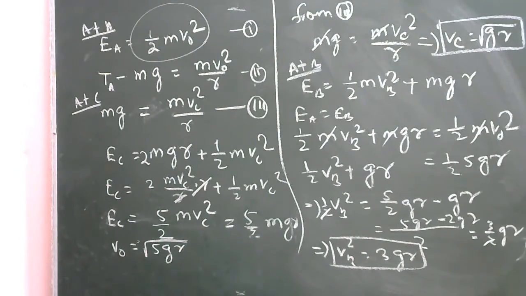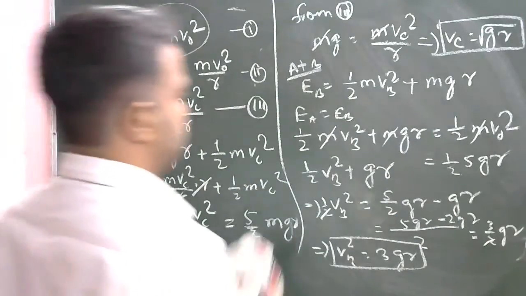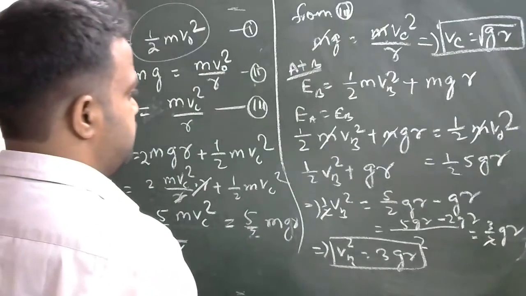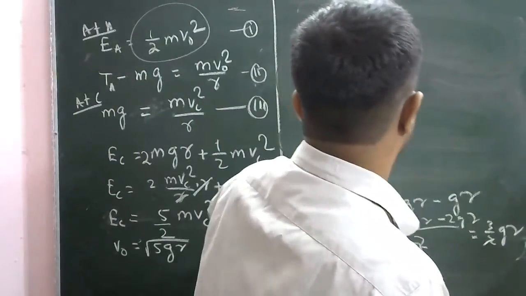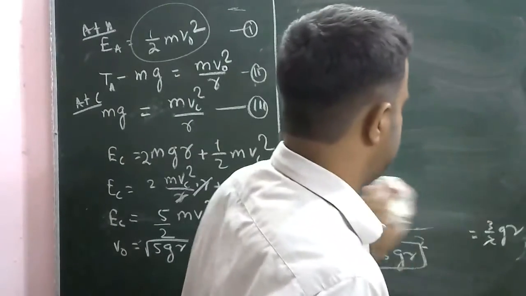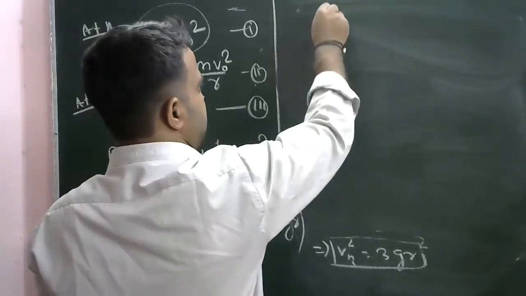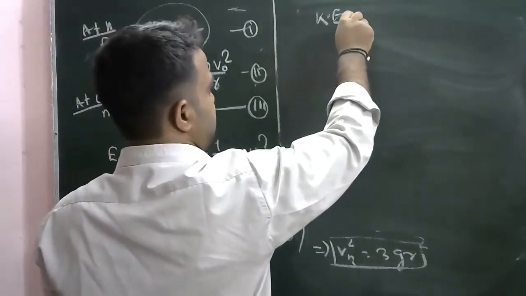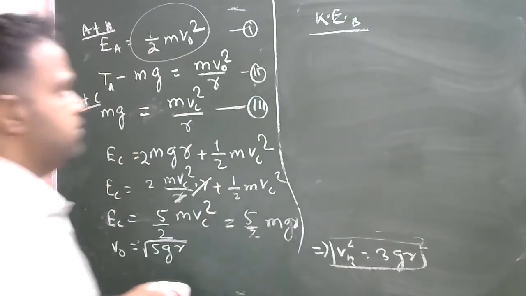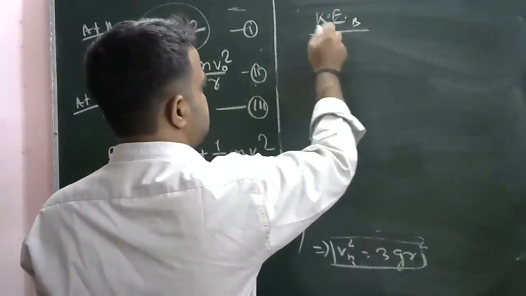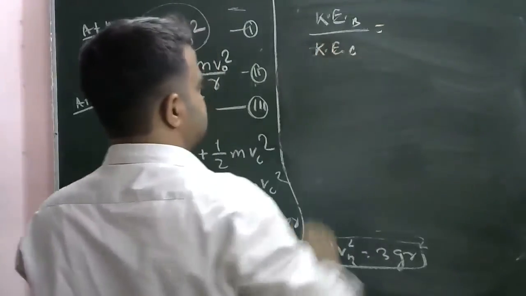Then in this question, one more thing is asked: calculate the ratio of the kinetic energy at position B to position C. That we can do. Calculate the ratio KE at B divided by KE, kinetic energy at C. So what is kinetic energy?